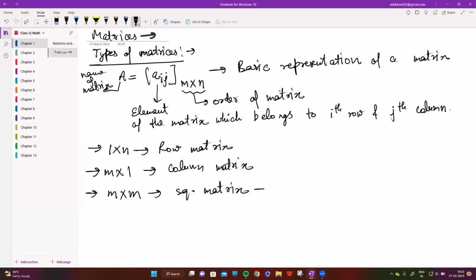When we talked about square matrix, I showed you some examples. If I write a 2 cross 2 matrix, this is the general form.